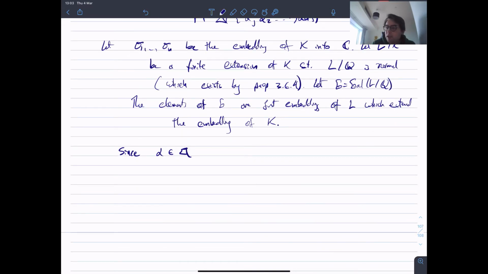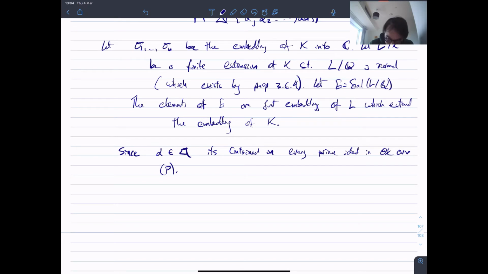So since alpha is in A, it's contained in every prime ideal in OK over P. Recall that A factors as a product of prime ideals, which means that A is contained in each of these prime ideals. P dividing A means that A is contained in P. So if alpha is an element of A, it's contained in every prime ideal over P.